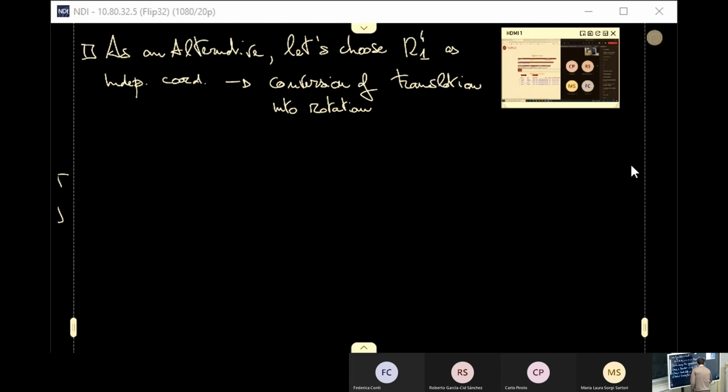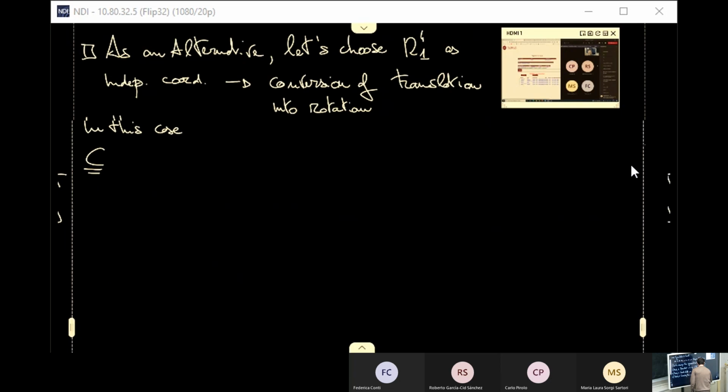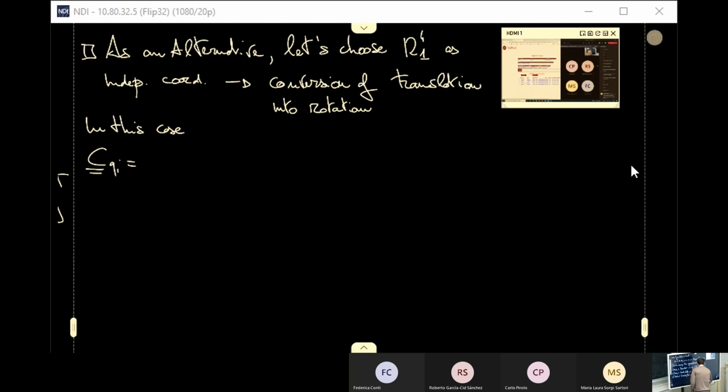So in this case, it's the third to the last column that you have to extract to get CQI. So it's this one.